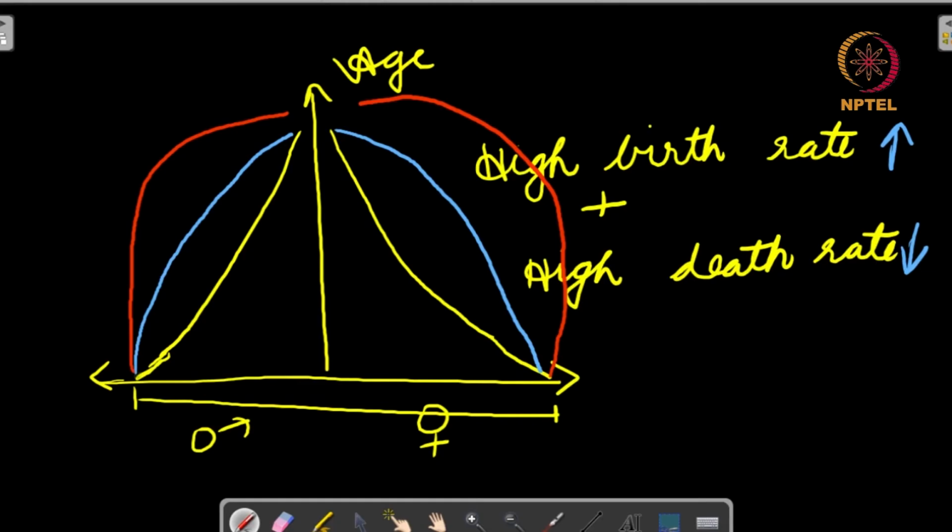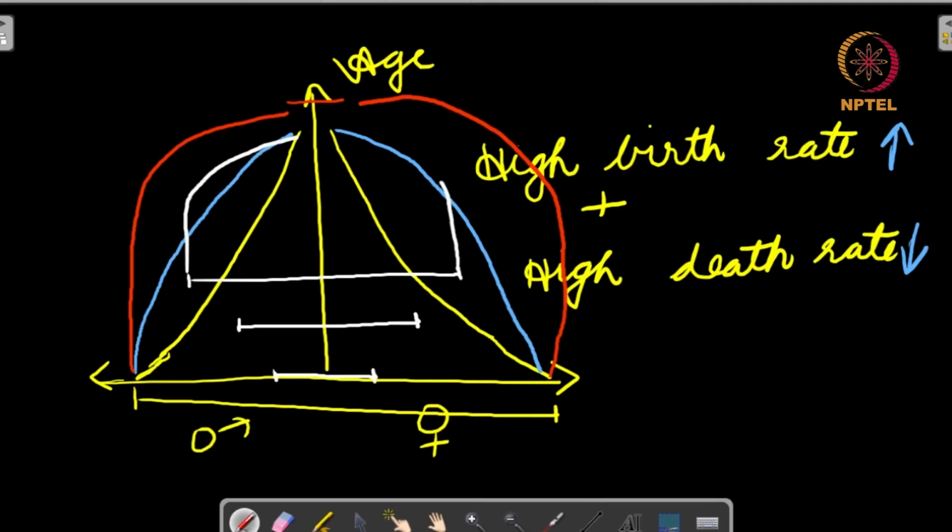Showing that any child that gets born in this society is able to live to a very ripe age, and at a certain age people have to die, so they die. So in this case, we have a roughly constant population. The population is neither increasing nor decreasing. But we can also have a situation in which fewer children are getting born, and those that were born before were larger in numbers, but once we reach the maximum, now you have a curve like this.